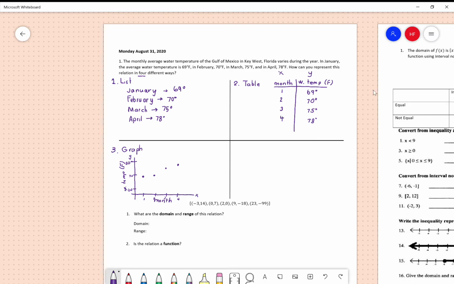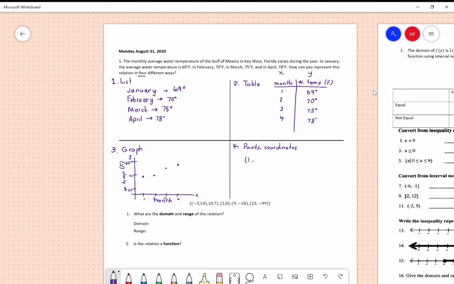Or another way that we could represent the relation would be to make points. So with our points, we're going to use coordinates, whatever you want to call them. We're going to use our x and our y. So we can look back at this table.